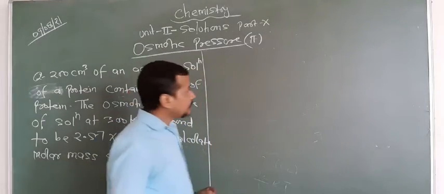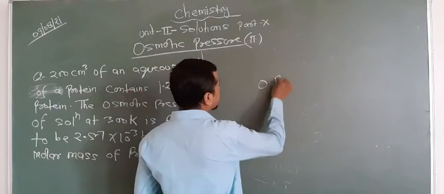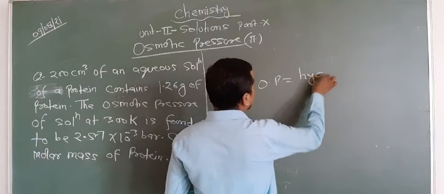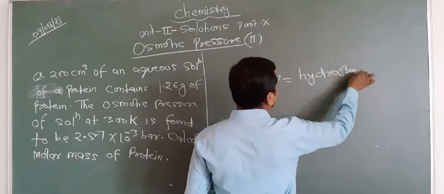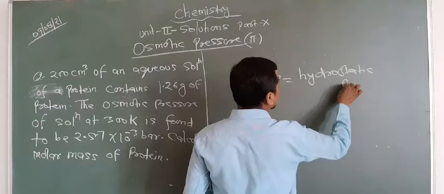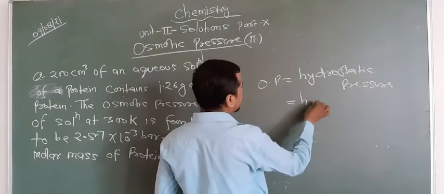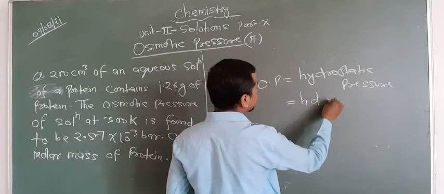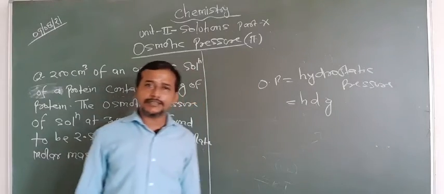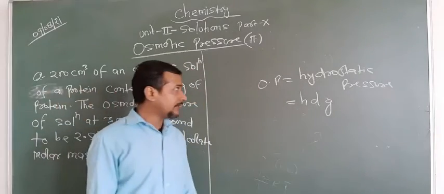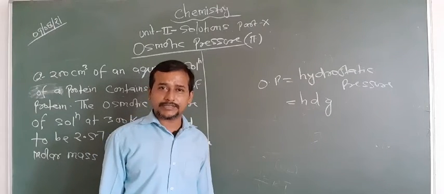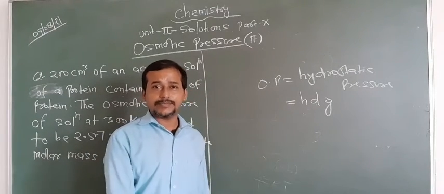One more thing you have to know is that osmotic pressure is equal to hydrostatic pressure, and this is equal to hdg, where h is the height, d is the density, and g is gravity. So in this way we can also calculate the osmotic pressure where height is given.